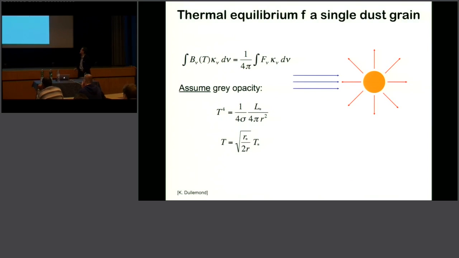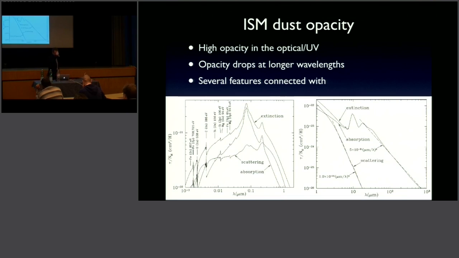The key thing in all this is the dust opacity, and so I'll spend some time on the dust opacity. This is the dust opacity that is derived for interstellar grains, so it's not exactly our case.